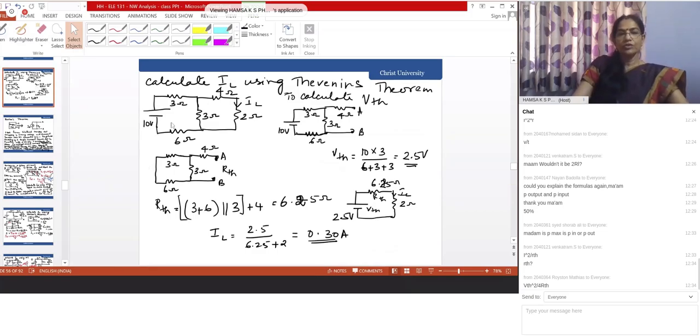So a 10 volt source, 3 ohm, 3 ohm, 6 ohm, etc. This is the circuit given. Let's say we are asked to calculate the maximum power transferred to the load. You take the same circuit and calculate the maximum power transferred to the load.